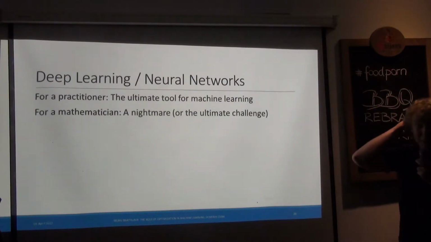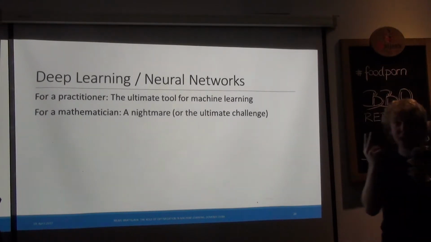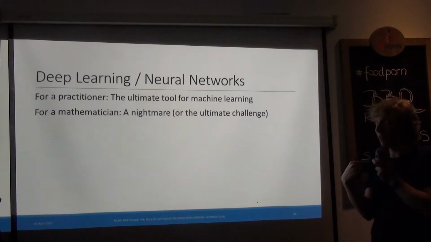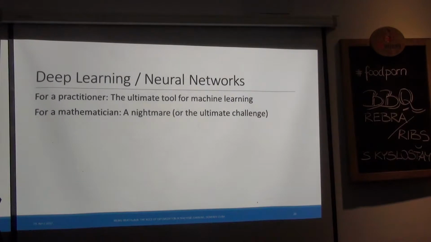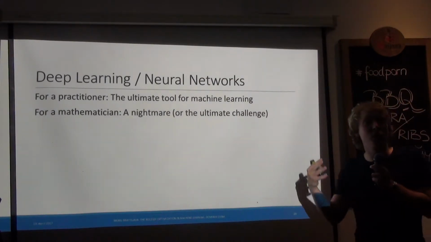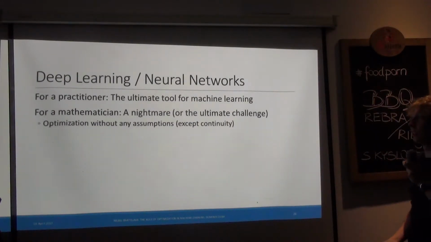But for a mathematician, there are two kinds of mathematicians who look at deep learning. The first type is me. It's a nightmare, I do not want to do anything about it. And then there are the second ones who consider it the ultimate challenge to actually prove that something can be done with deep learning. Somehow we can optimize it.